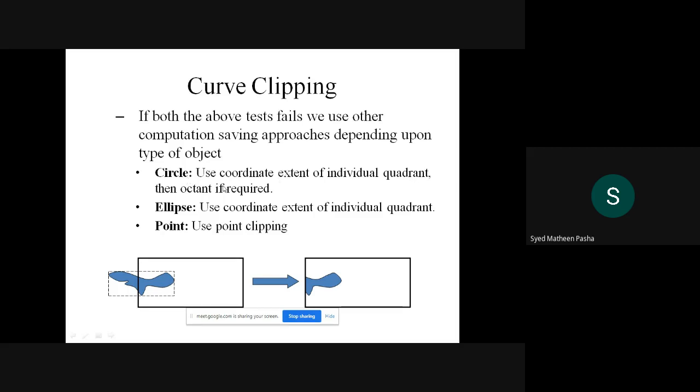First, you need to calculate the coordinates of that particular quadrant, and check whether those coordinates give the result as an octant or not. Similarly, you'll check if that particular curve is an ellipse. If the coordinates are of a single quadrant, then you'll clip that particular area. Similarly, if it is a point, we'll be using point clipping with respect to curve clipping. So these are some of the difficulties as well as terminologies with respect to curve clipping.